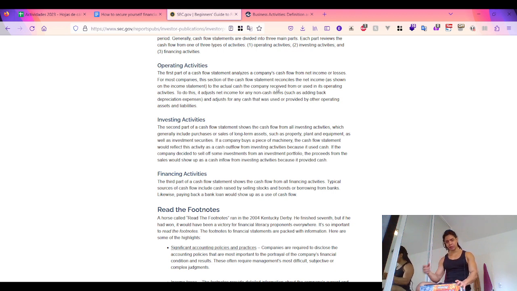And the most common operating activities are split into liabilities and assets.